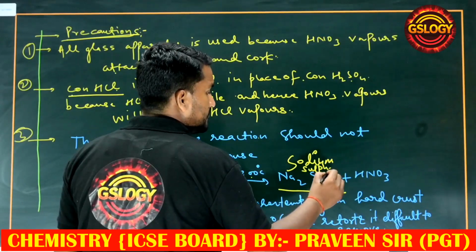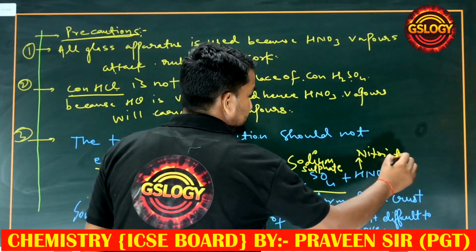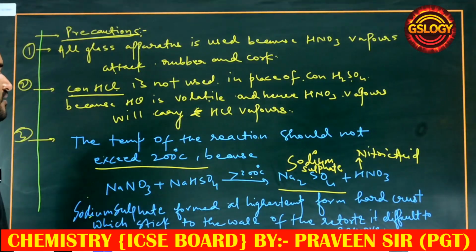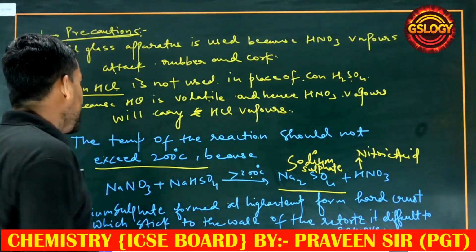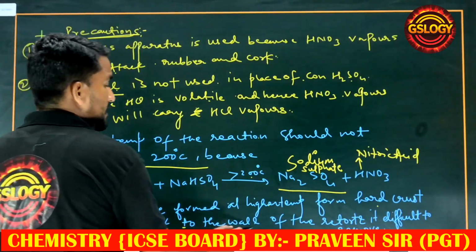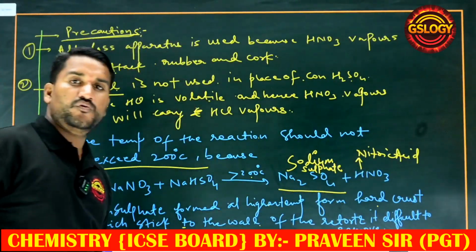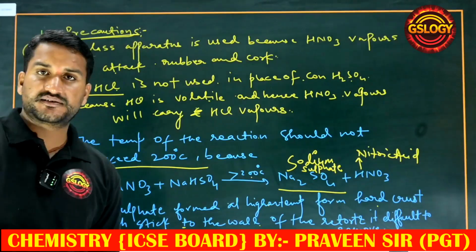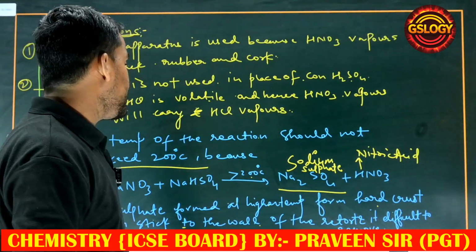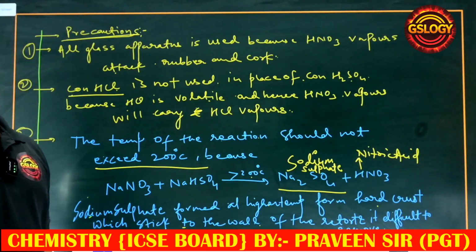It is sodium sulfate and nitric acid. The sodium sulfate formed at the higher temperature forms a hard crust which sticks to the wall of the retort and is difficult to remove. That's why for the formation of nitric acid, the temperature should be below 200 degrees Celsius.